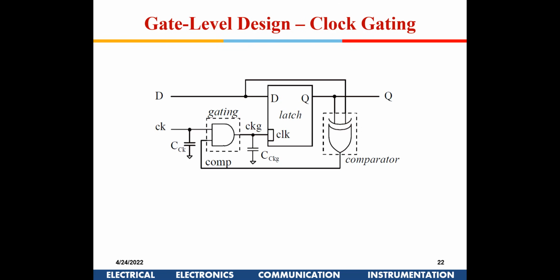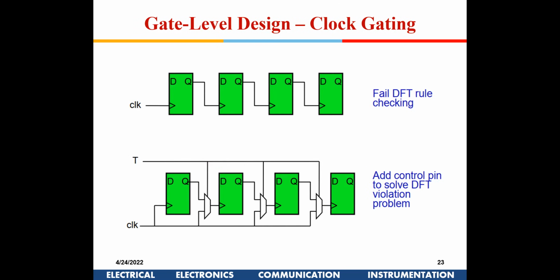I think there are another 3 slides. This is another clock gating thing which is shown here. If you see here, most of the asynchronous clocking. Asynchronous clocking means all the D flip-flops are not clocked together.